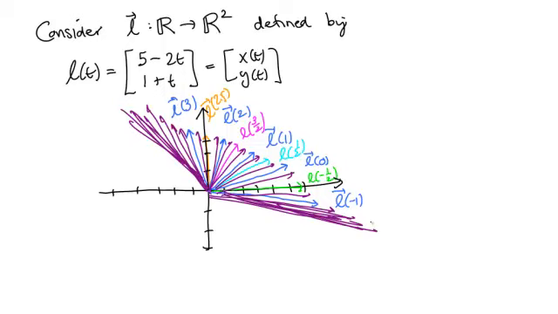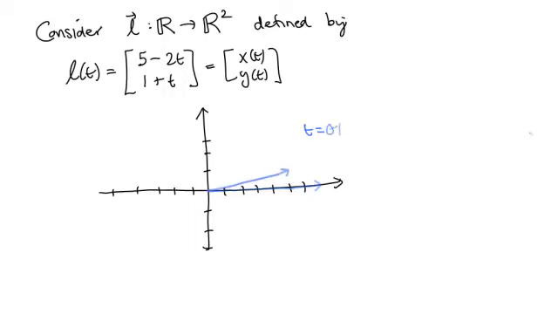Rather than drawing all of the vectors at the same time, let's draw them sequentially. Let's draw them one at a time for each value of t. For example, did you get the impression of an arrow moving forward in time?